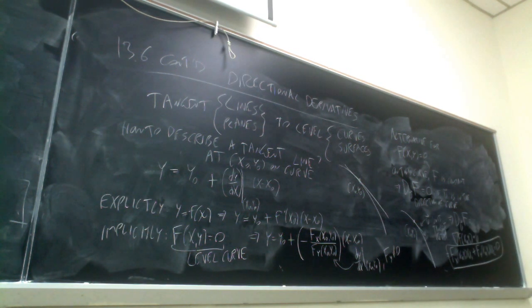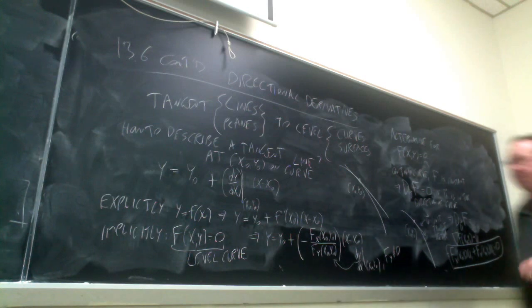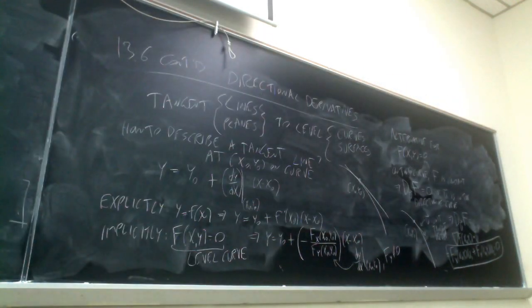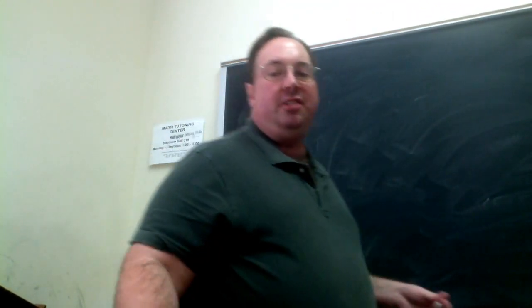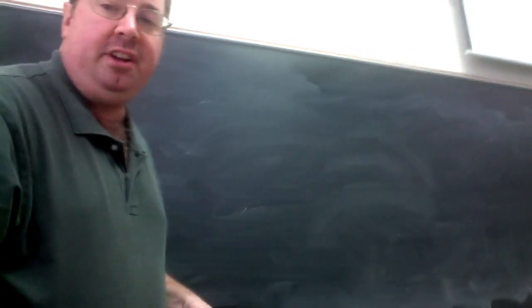So now I can use this to come up with an alternative equation for the tangent line. Because my tangent line equation should be like all the other ones, where we have a point xy on the tangent line, and we have some equation that it satisfies.